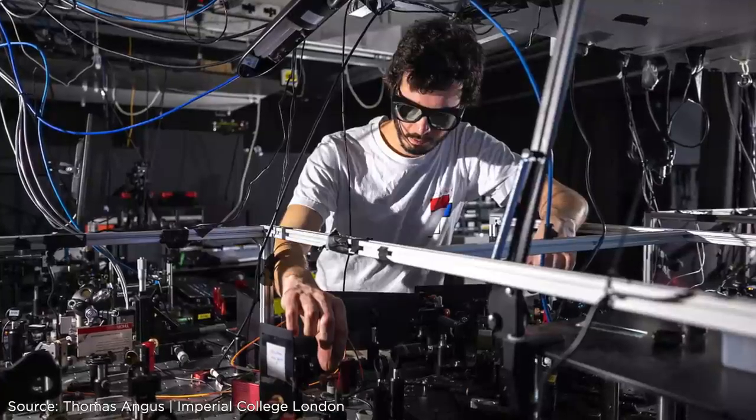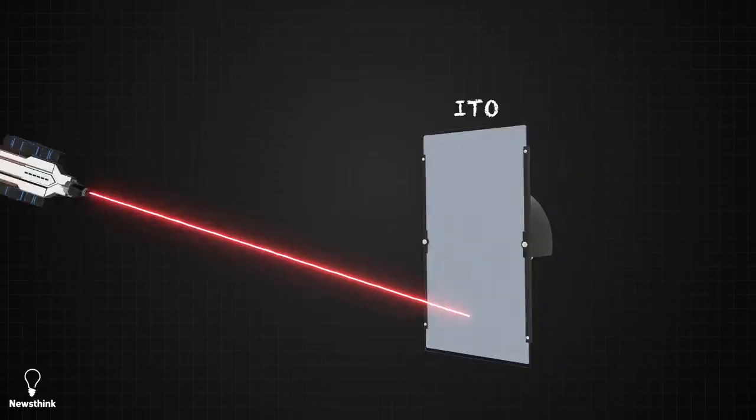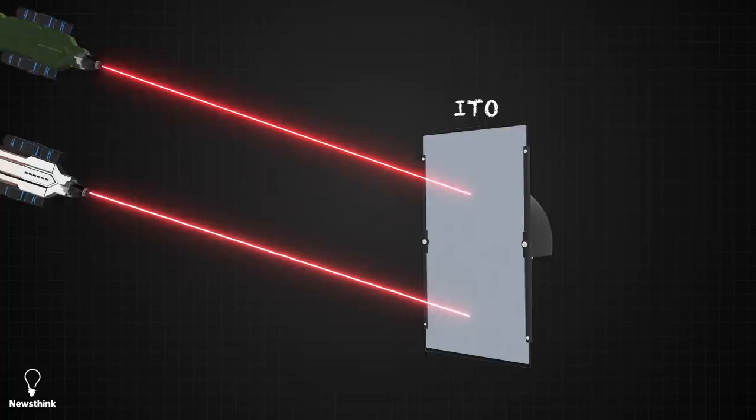Physicists recently conducted a variation on the double-slit experiment. In April 2023, researchers at Imperial College London swapped out the screen with two slits for a transparent material used in smartphone screens called ITO. They first fired a laser beam at the material. When a second laser was directed at the material and pulsed super quickly in quadrillionths of a second, it caused the material to become temporarily reflective.